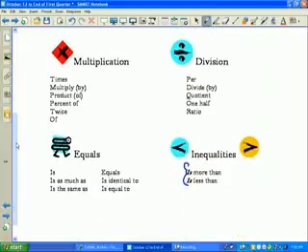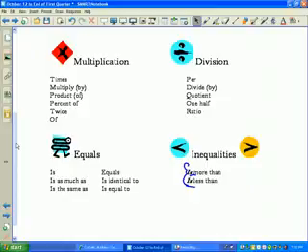But when they have those phrases "is more than" or "is less than" in front of that phrase, that means they're talking about inequalities. And soon enough, we're going to be dealing with inequalities, but I just definitely wanted you to have these words ahead of time. So when we come across word problems, you'll be able to identify, okay, am I multiplying, am I dividing, am I subtracting, and so forth.